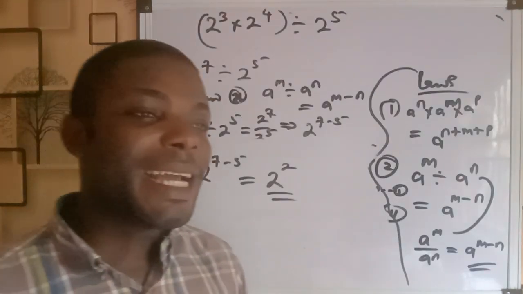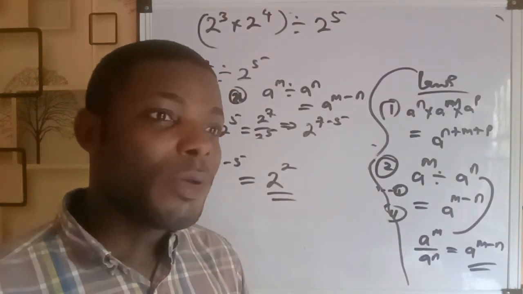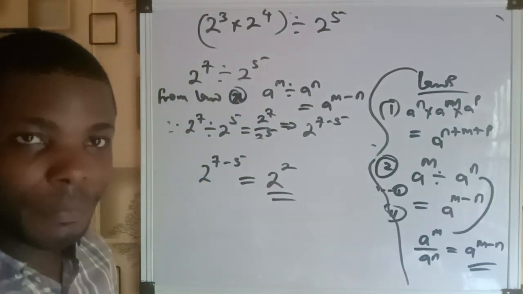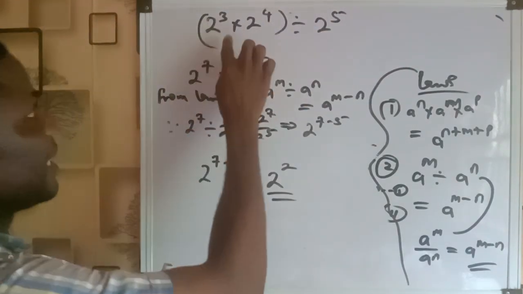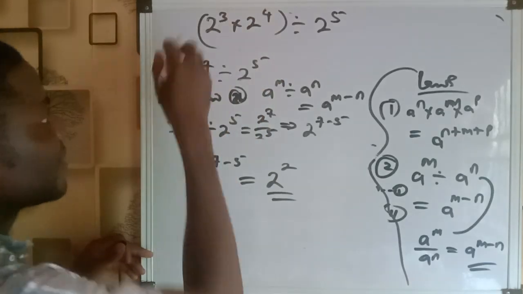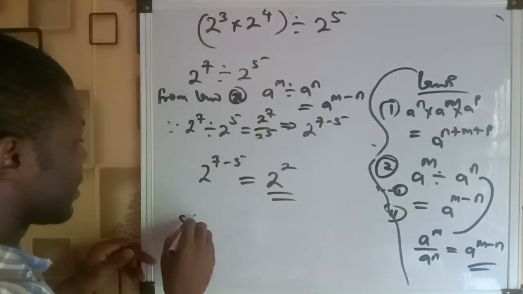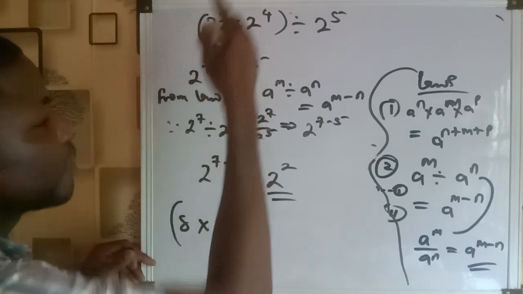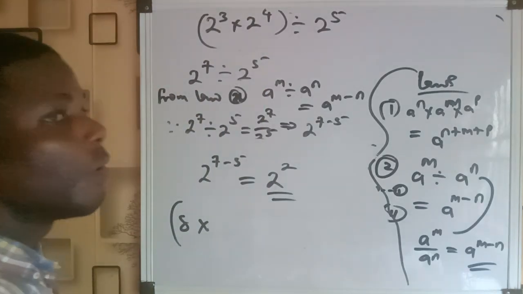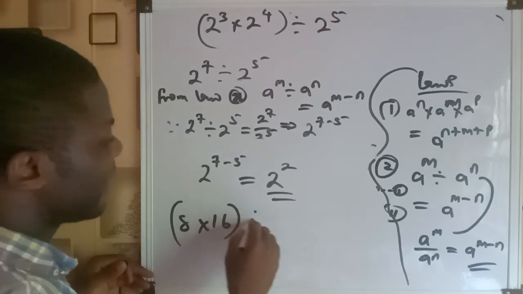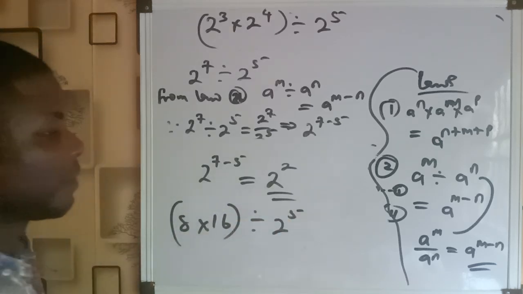And the thing here is that in exams, you are not going to be asked to solve it in a linear form. I know that you can simply say 2 raised to power 3 is 2 times 2, 4 times 2, 8, times 2 raised to power 4, 2 times 2, 4 times 2, 8 times 2, 16, divided by 2 power 5.